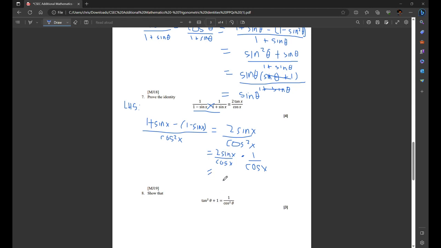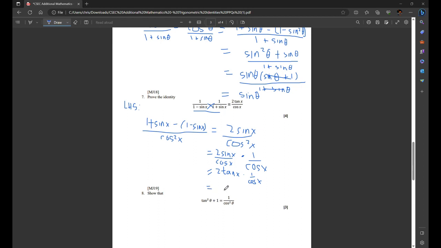Because sine over cosine is tan, that's 2 tan x multiplied by 1 over cos x, which gives us our identity, 2 tan x over cos x.